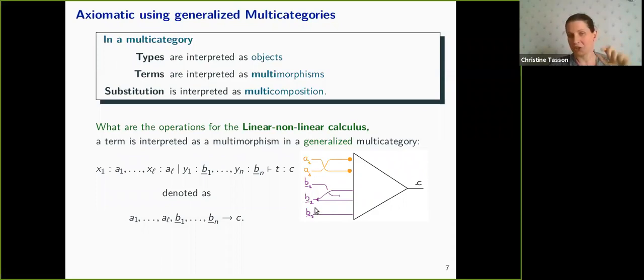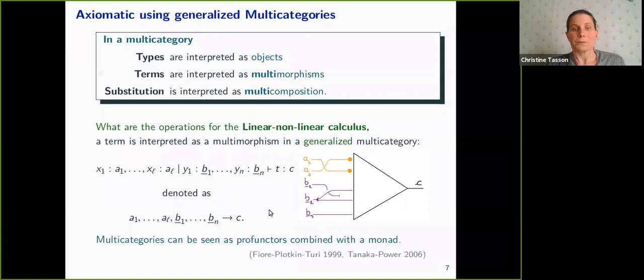I will have exchange for every type, but also for the nonlinear ones, I will have the erasing and the duplication. And just for the notation, I will mark the nonlinear types by an underlining, but it's just visual, to know what I'm talking about.